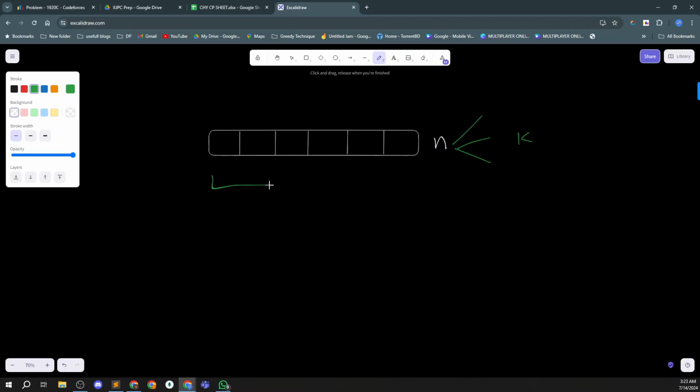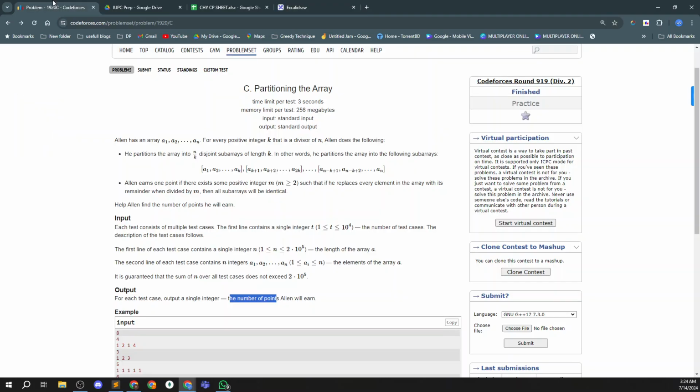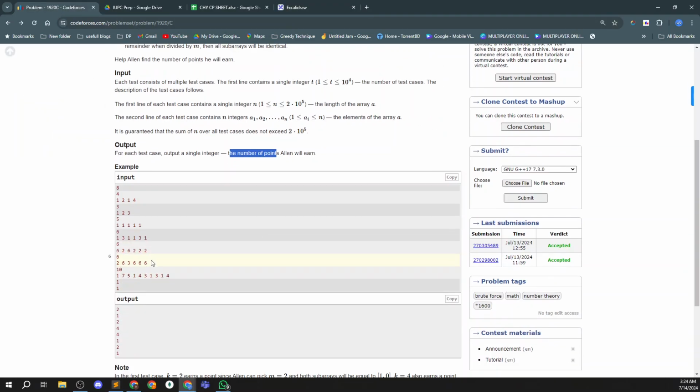And if there is a positive integer m, and we take the modulo of each number by m, and after that the subarrays are identical, then we get a point.